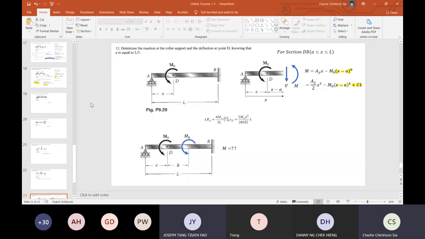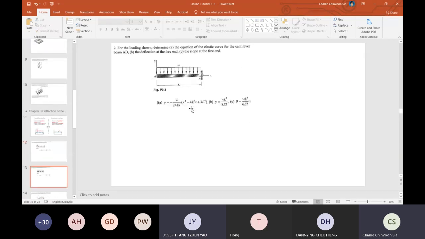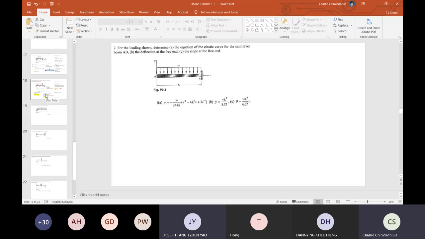However, you need to try all the questions. Basically, you are able to use the singularity function method or the bisection method to solve them. Just that the equation might not be the same. For example, the equation of the elastic curve that you generate might not be the same. However, if you use the equation to calculate the deflection value, it will give you the same value.